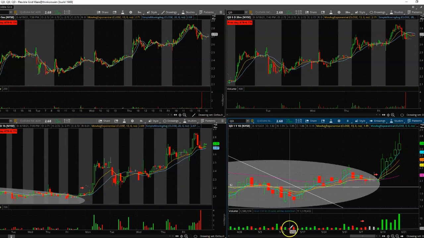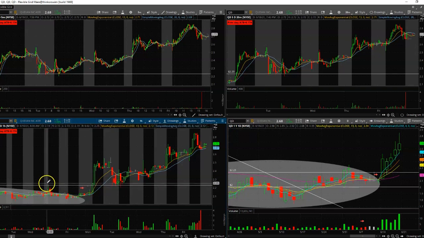We're breaking out on the hourly above that 13 EMA. So what I did on that day was find an entry. If I know on the daily time frame we're breaking out over that 13 EMA and reclaiming it with volume, I need to find some sort of entry on a micro scale, on the hourly for example, to actually get into the stock with low risk. Right here is where we broke over this prior day high at 2.23 and this pre-market little high.